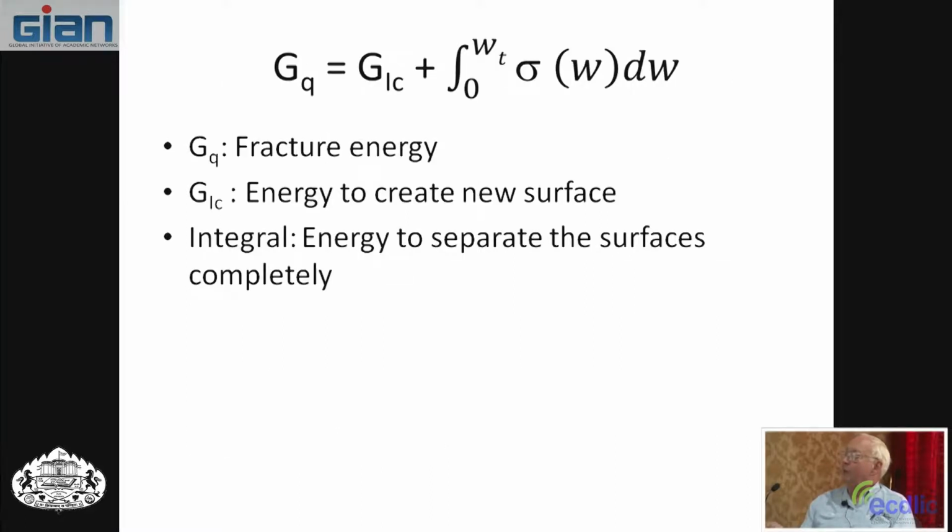Here was an energy equation. Like metals, it has the G from Griffith, which is the energy to create a new surface. In metals, the total energy and this energy are the same, but in concrete there's a second integral added to that, and that integral is the energy to separate surfaces completely.